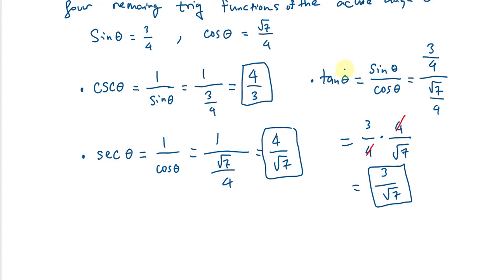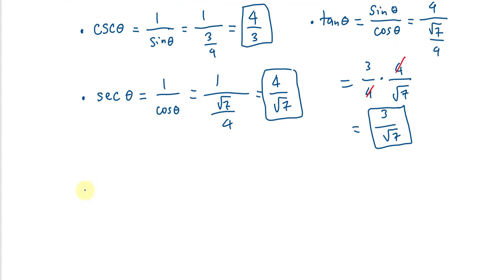What's the last one? The last one is cotangent. Okay, cotangent of theta. Cotangent is 1 over tangent. And we know that tangent is found to be this value.